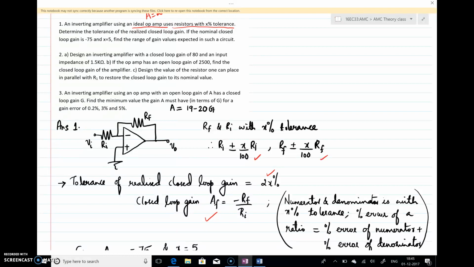That is for the last case, 0.2%. Similarly, you can try that. You just try out this question.